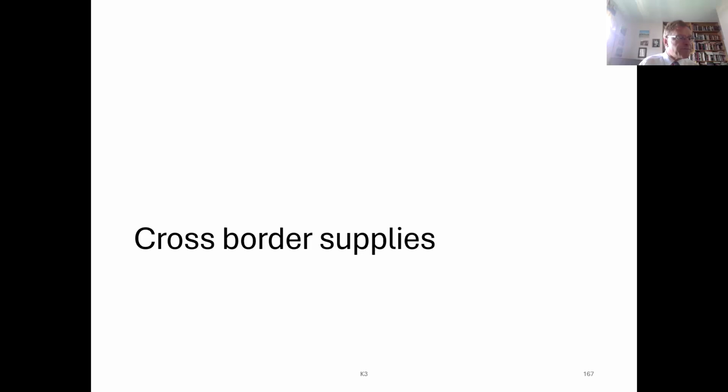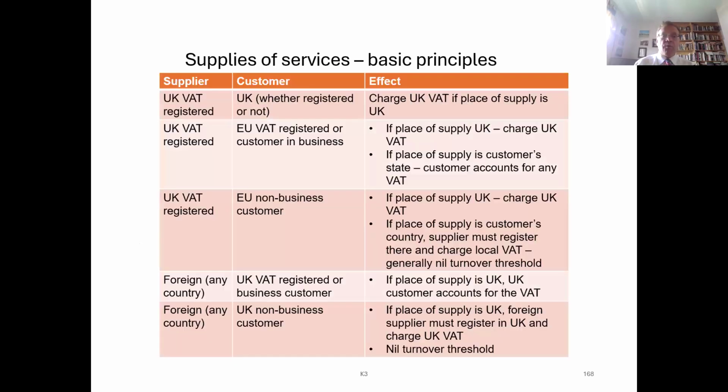In terms of cross-border supplies, where a UK VAT registered supplier has a UK customer, whether registered or not, you would fairly simply charge UK VAT if the place of supply is in the UK. For a UK VAT registered supplier with an EU VAT registered or business customer, if the place of supply is in the UK, you charge UK VAT.